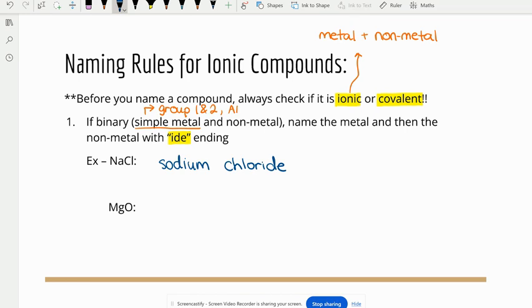Let's do the next one. Mg, that's a metal in group 2. O is a non-metal, if you check your periodic table. Mg, you should find it in group 2. It's called magnesium. So let's write that.